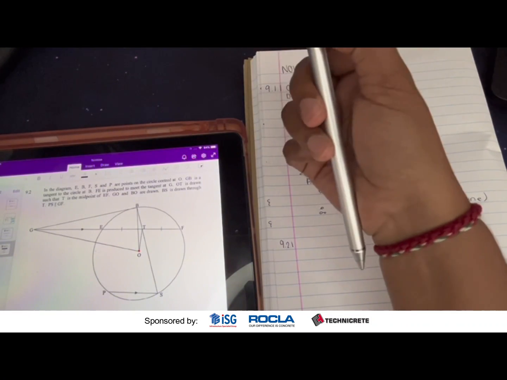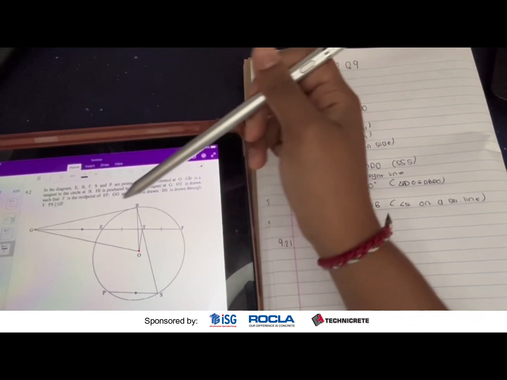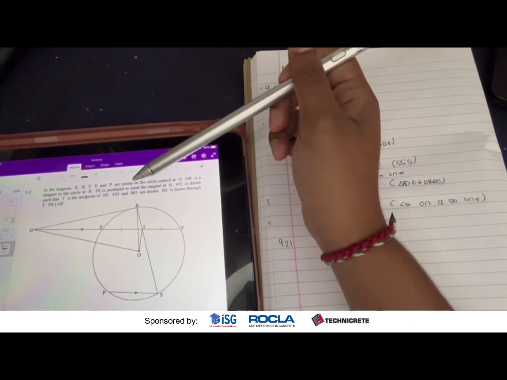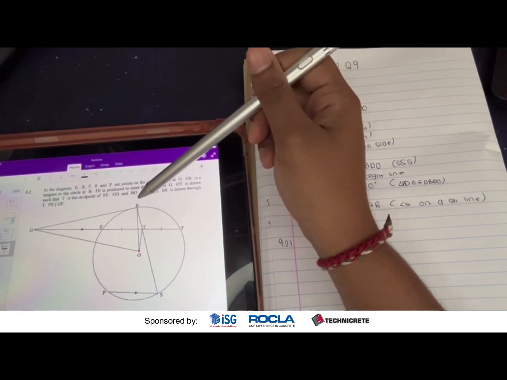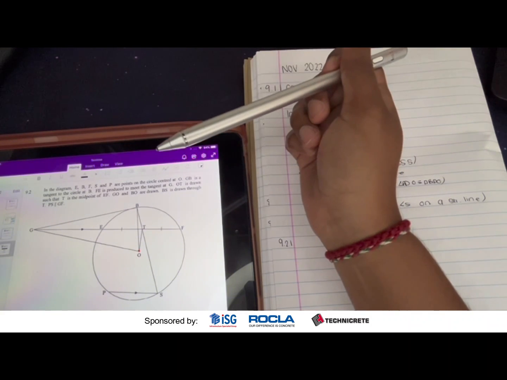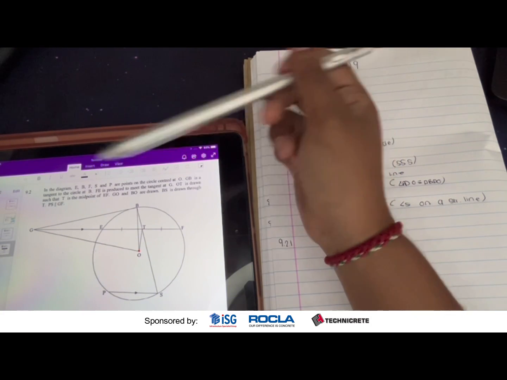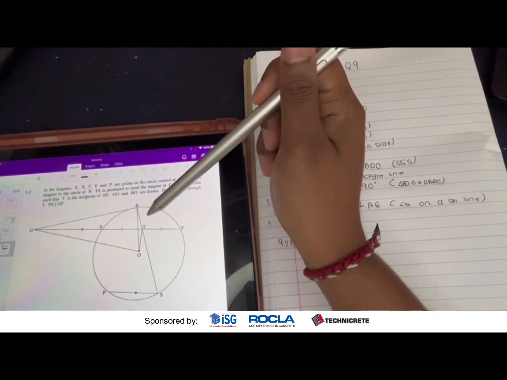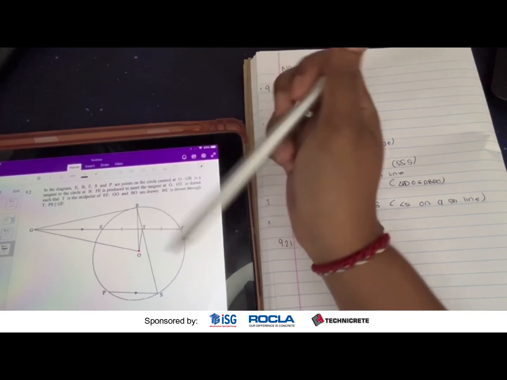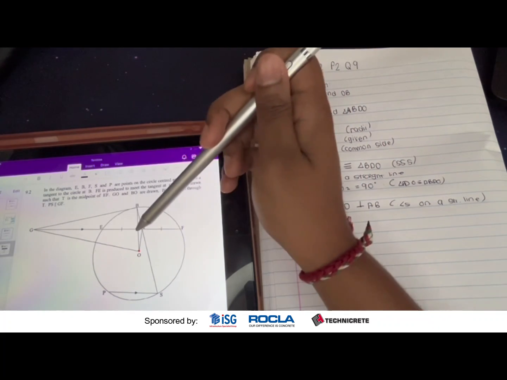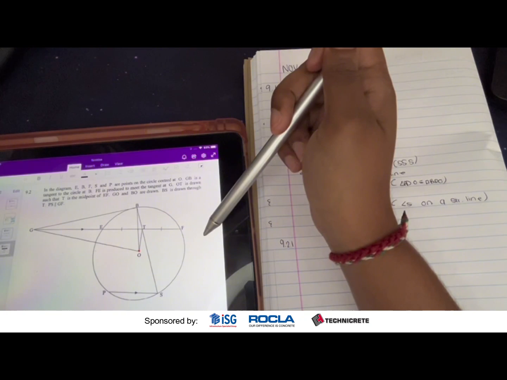GB is a tangent. Okay, so as you can see here, we've got GB, which is a tangent to the circle at B. FE is produced to meet the tangent at G, OT is drawn such that T is the midpoint. So you can see ET is equal to TF.